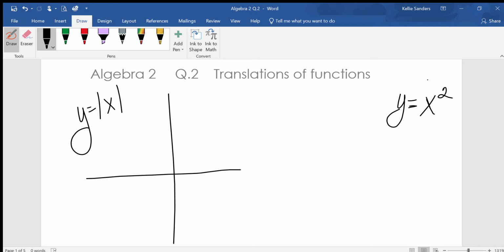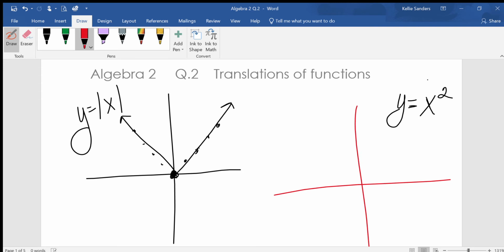Absolute value of x is V-shaped, and I could make a chart for you to show you why, but basically, if it's just the absolute value of x with no negatives, no numbers on the inside, no numbers on the outside, then we're going to start at 0, 0, and we're going to go up 1, over 1, up 1, over 1, in the same sides, and it's going to be V-shaped. That's what the absolute value of x looks like, and we're going to be using that information in just a little bit.